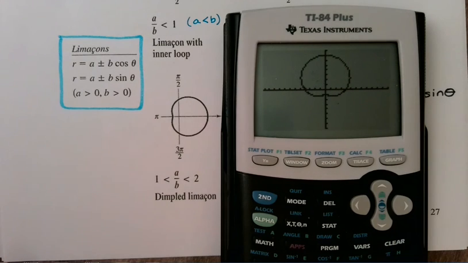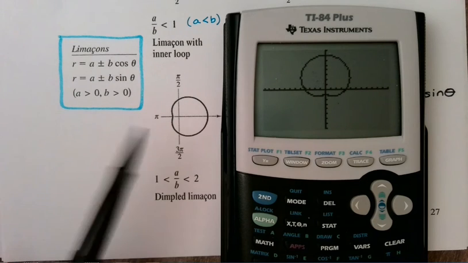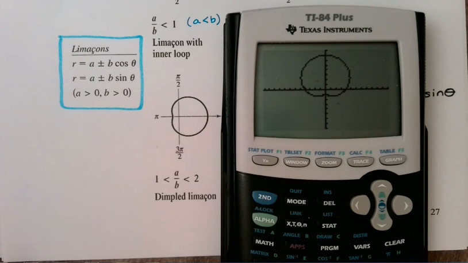Isn't that reminiscent of what happened with our circles up at the top of the page? When we changed from cosine to sine, the center of the circle switched from the x-axis to the y-axis, right? Same kind of thing you're seeing here. The dimple changes from the x-axis to the y-axis when we go from a cosine to a sine.